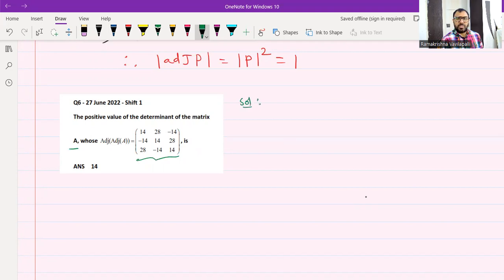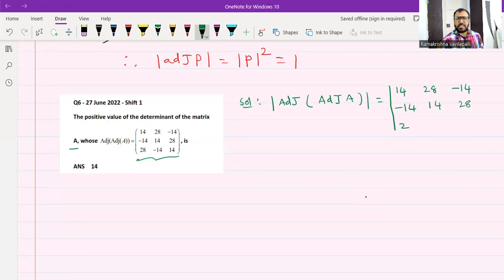So here the simple thing is you take the determinant on both sides. Determinant of adjoint of A equals, on the right side also you take the determinant. It is 14, 28, minus 14, minus 14, 14, 28.